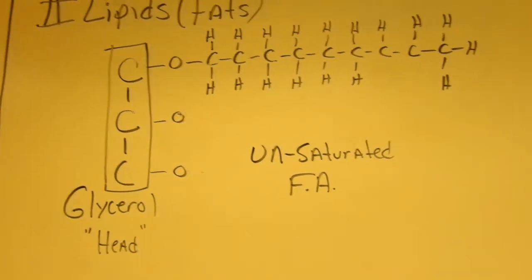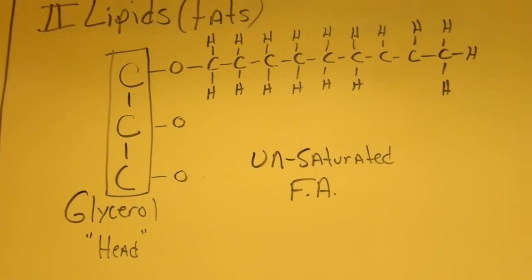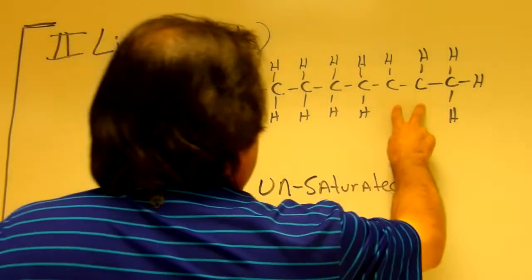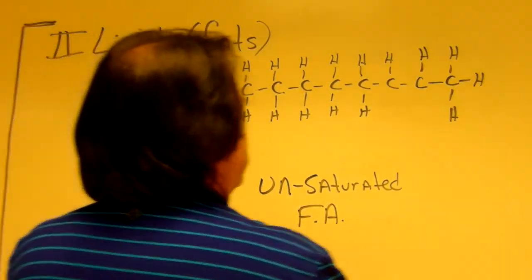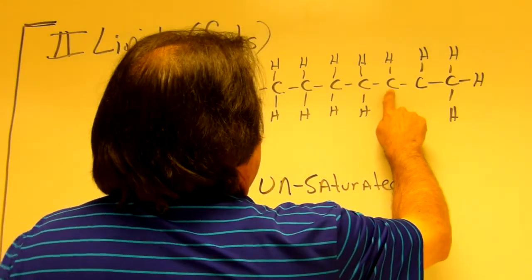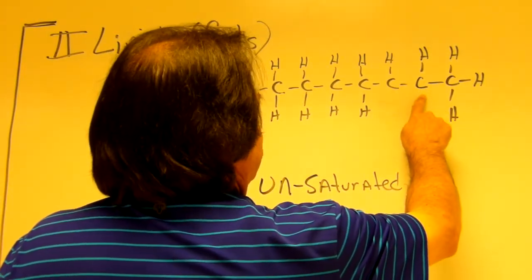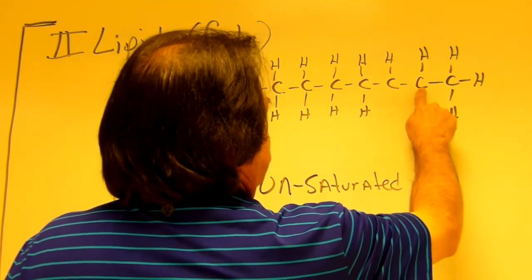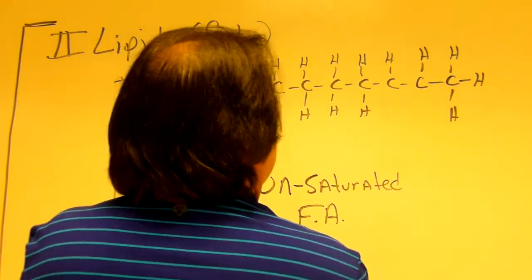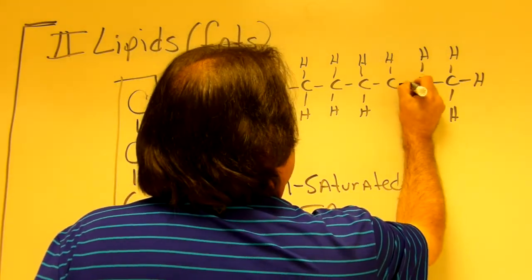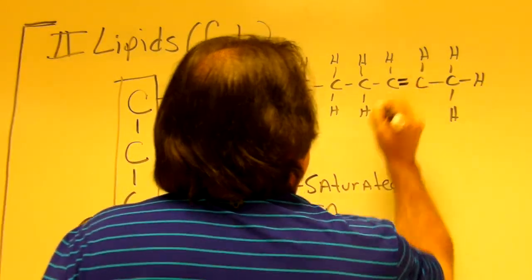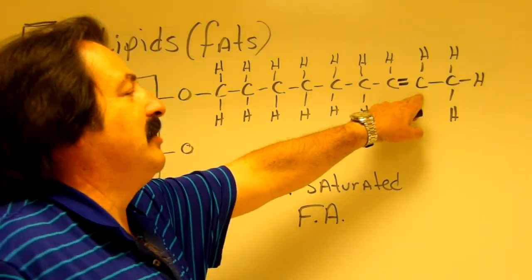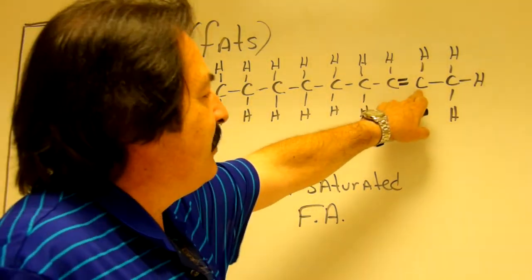All right. So we're missing those 2 hydrogens. That means this carbon and this carbon do not have 4 bonds. This carbon has 1, 2, 3. This carbon has 1, 2, 3. But in chemistry, we can fix that and maintain our structure. We simply put a double carbon bond between this carbon and this carbon.